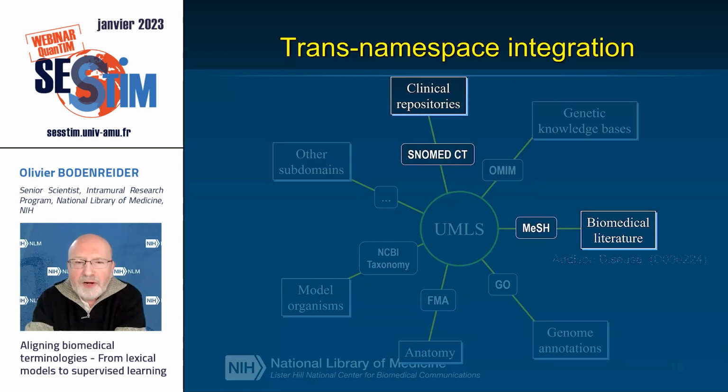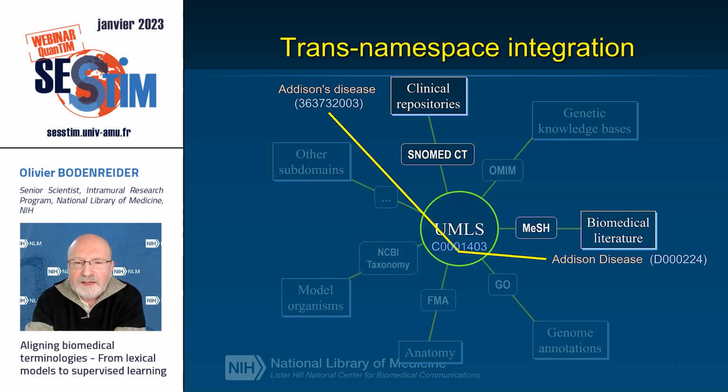Instead, the UMLS groups together into the same concept the terms that are synonymous when they are found in the various vocabularies, therefore creating a bridge, if you wish, between SNOMED and MeSH, and beyond that, a bridge between clinical repositories and the biomedical literature.